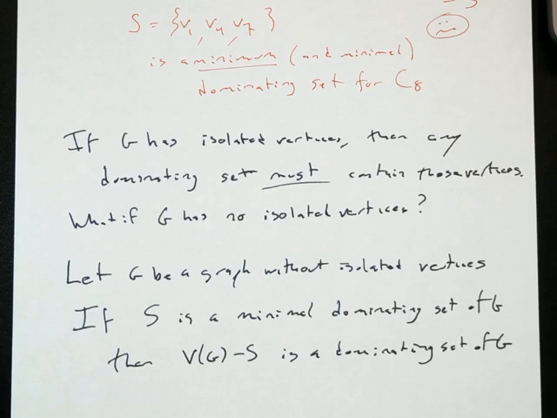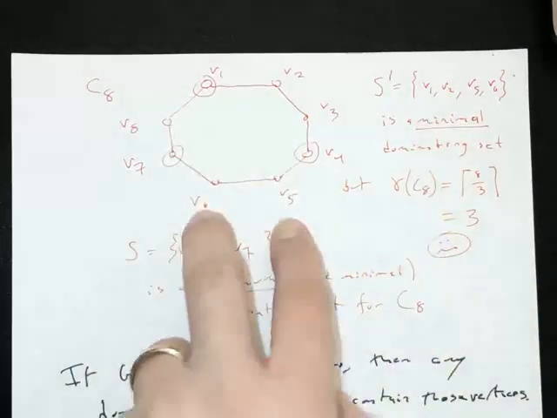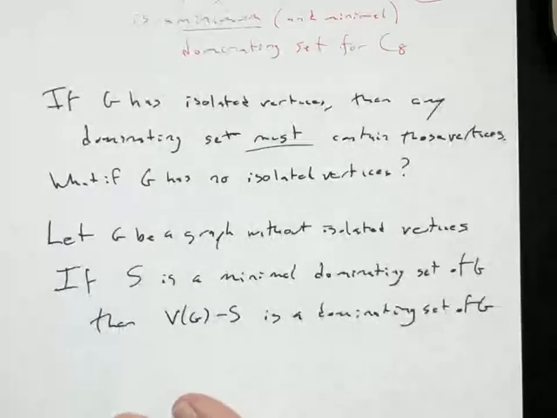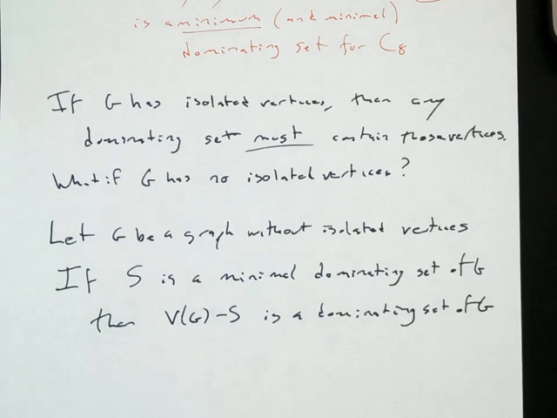But this set was minimal, and it contained two pairs of adjacent vertices. And I couldn't take away one because it was a minimal set, not a minimum. If I have a non-minimal dominating set, then I could include other things from the open neighborhood in the dominating set. Then when I took the complement, I might have taken out the way to get to that vertex.